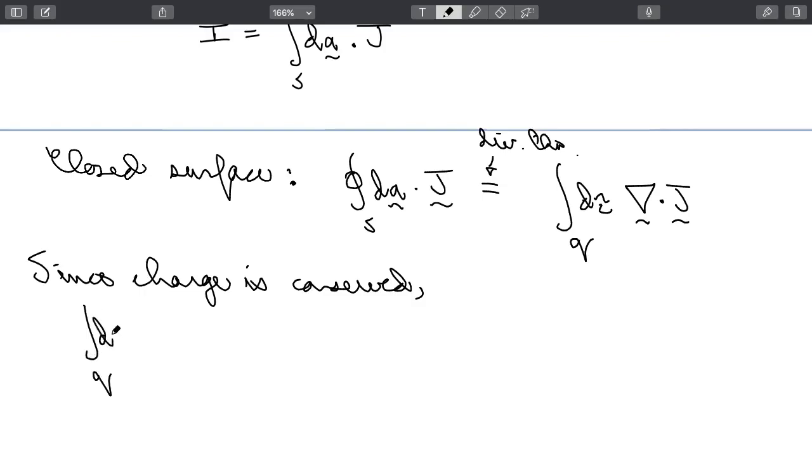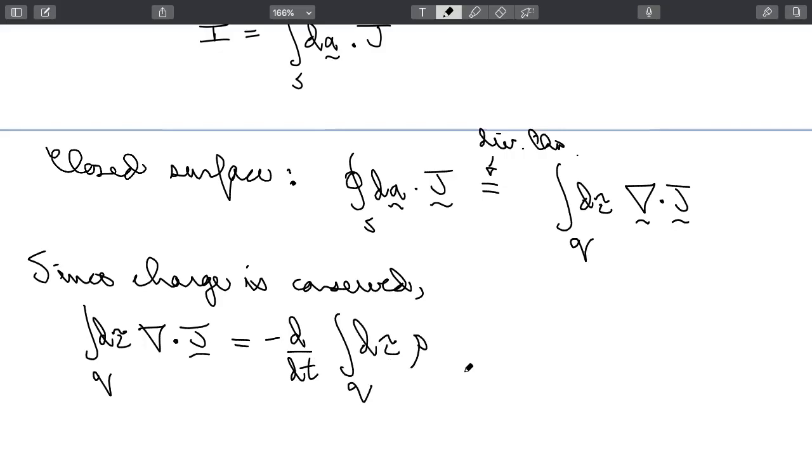And because charge is conserved, the current going out of this volume, as exemplified by this surface integral, which we've rewritten as this volume integral, has to be the time derivative of the total charge enclosed in the system, which is just the integral over the volume of the local charge density. So essentially we're using a symmetry of the problem, which is that total charge is conserved, and we're translating it into a local equation. We're not yet at the local thing, but we'll get there in a second.